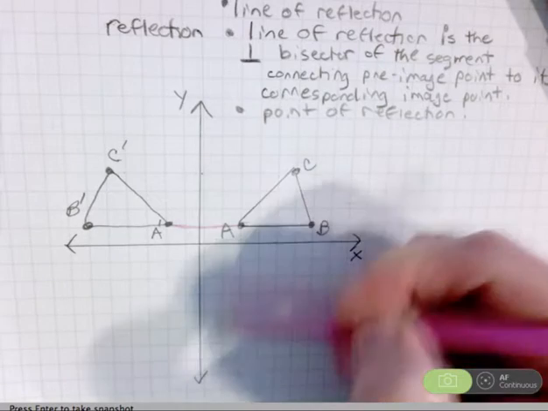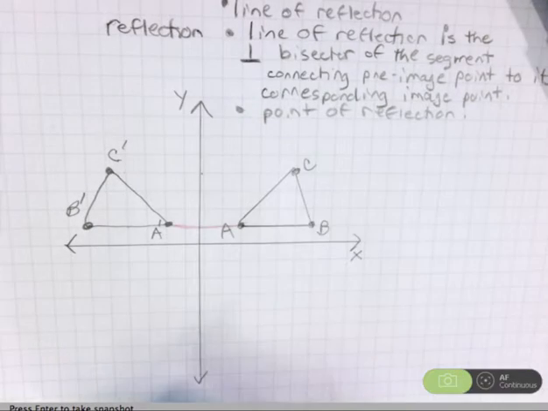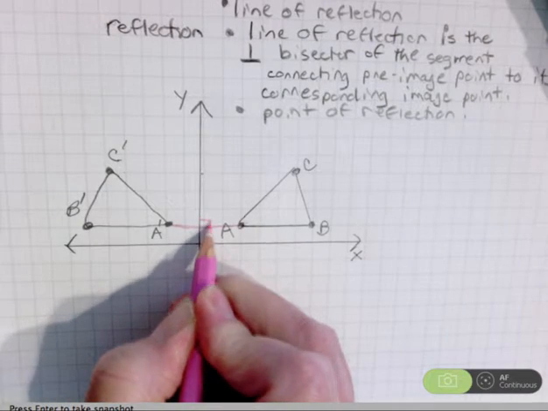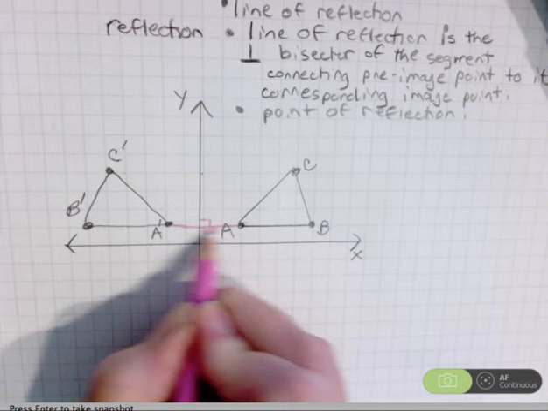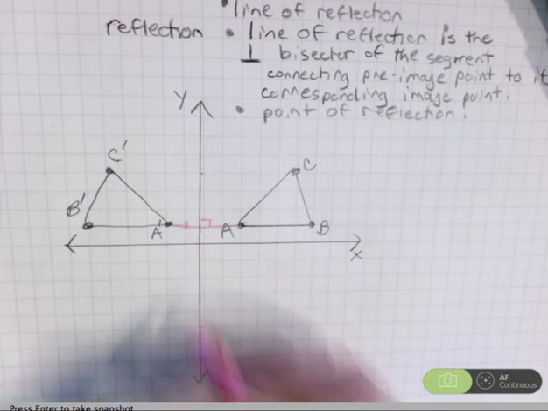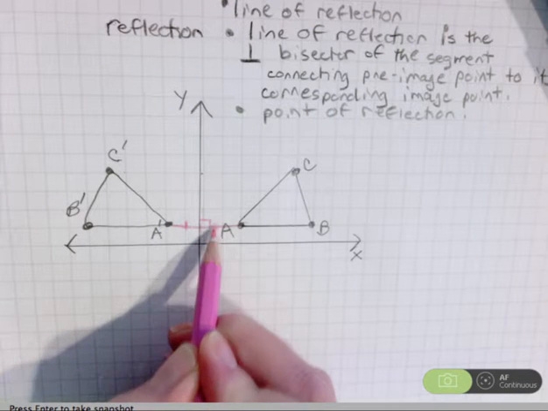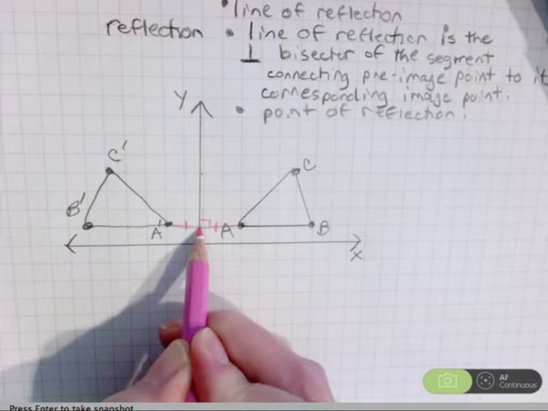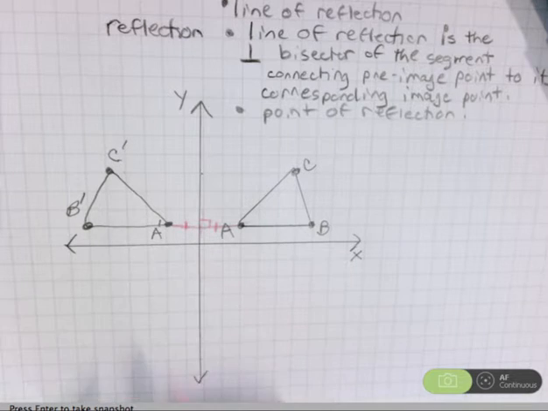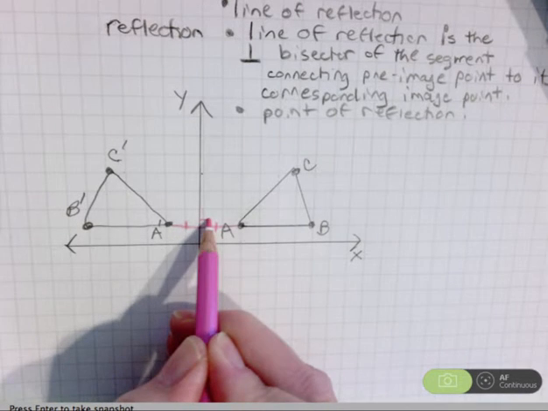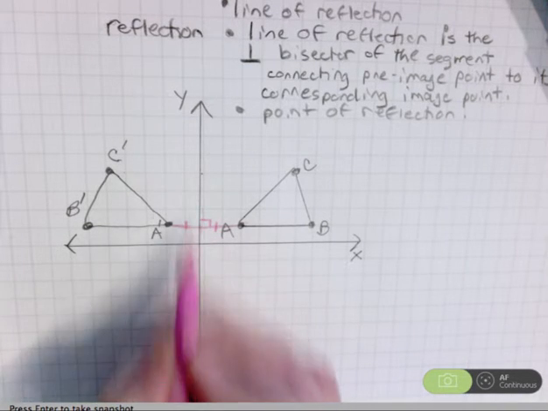This line of reflection, the y-axis, will be the perpendicular bisector of this segment. That means the distance from A prime to the line of reflection will be the same as the distance from A to the line of reflection. And this segment is perpendicular to this line.